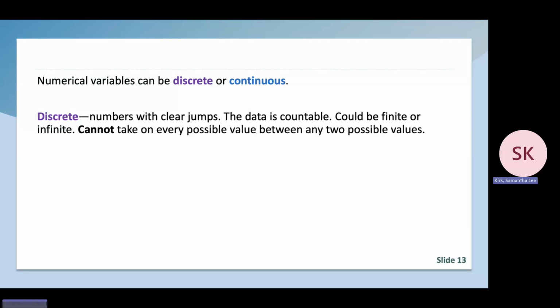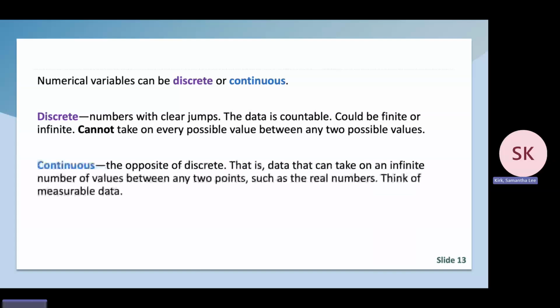So like the number of siblings someone has, they either have no siblings, 1 sibling, 2 siblings, 3 siblings. These jumps are clear. You can't have 2.78 siblings. That just doesn't make sense. So that would be an example of a discrete numerical variable.